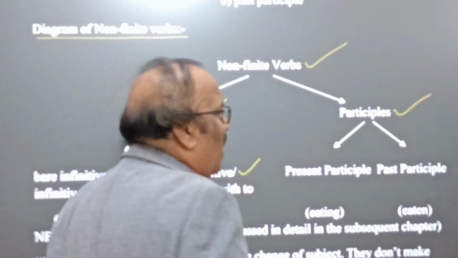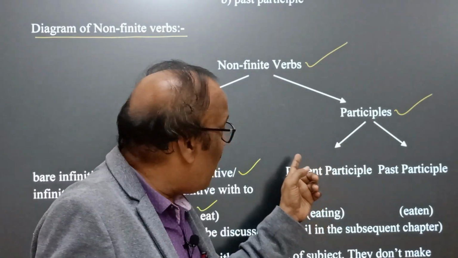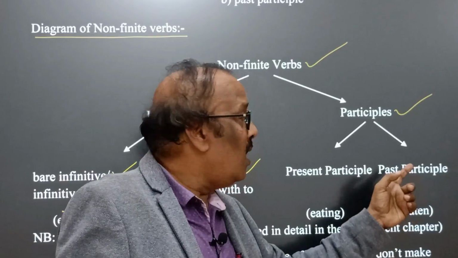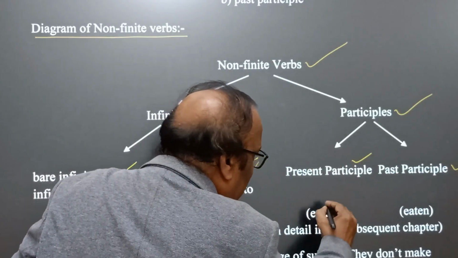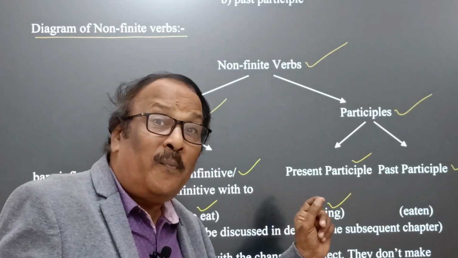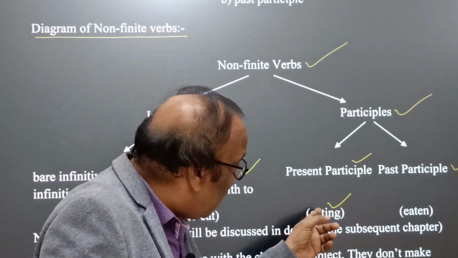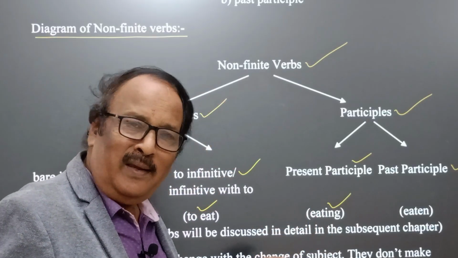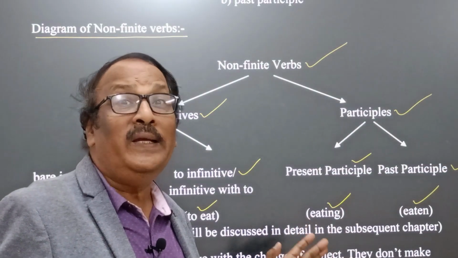Now come to participles. Participles are also of two types. One is a present participle and the other is a past participle. The example of present participle is eating. Whenever we use the suffix ing at the end of a base verb, we find the present participle. Eaten is the past participle form of the verb eat.